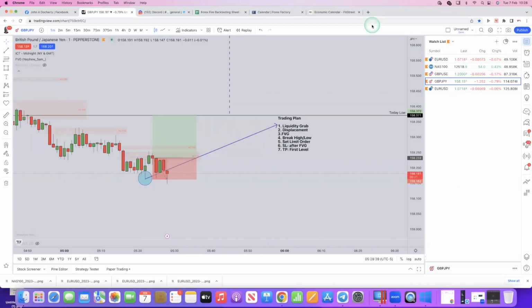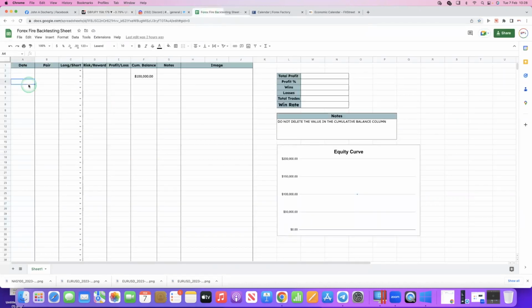Yep, back again, guys. So that was the right decision to stay out of that. So far today, we've had the NAS 100. Today's date is 07/02/2023.